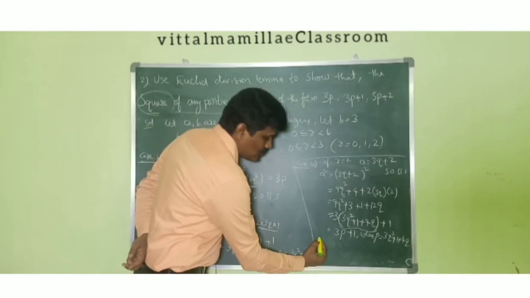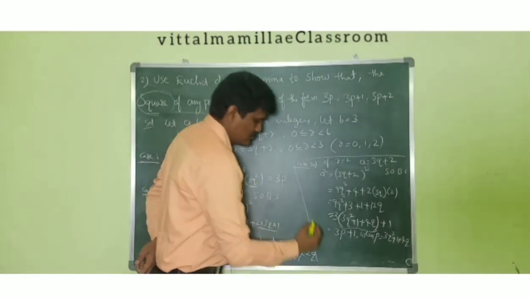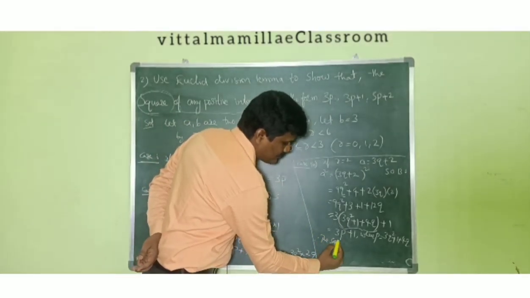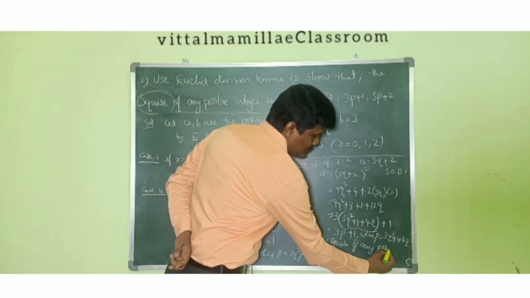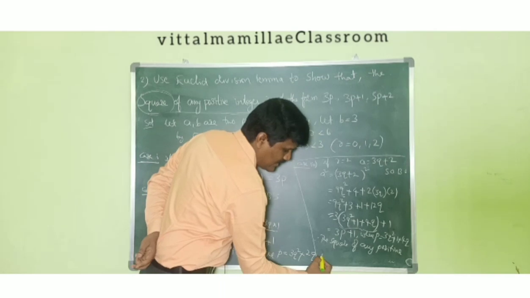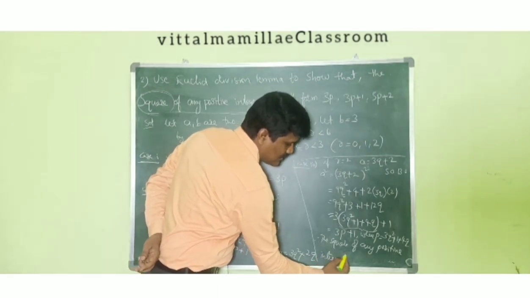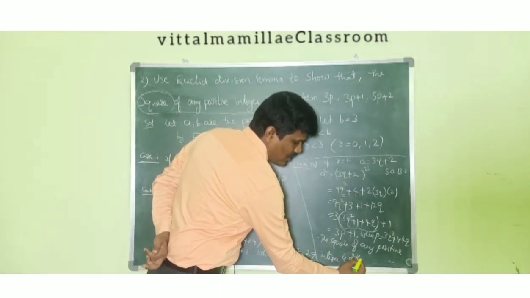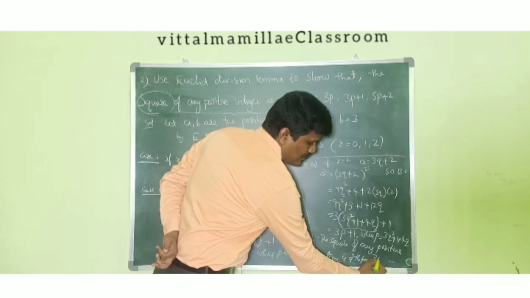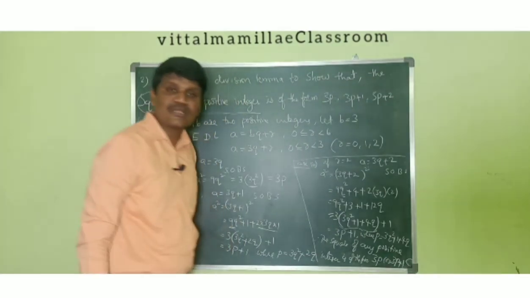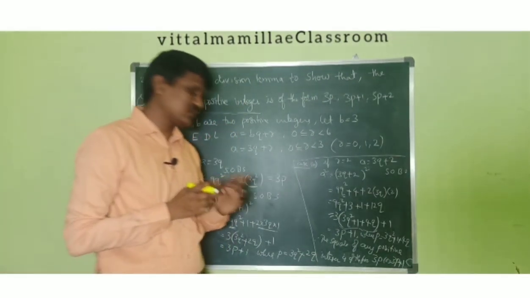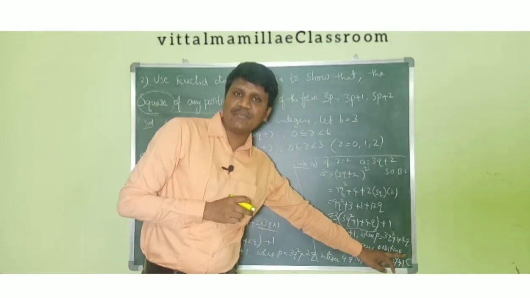So what can I conclude? Therefore the square of any positive integer is of the form 3p or 3p plus 1.